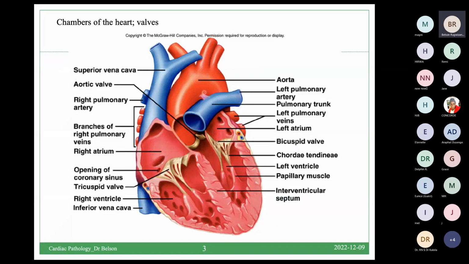So sometimes these coronary arteries get thrombosis or embolism. I hope you remember what you have seen last time. So when there is such a problem in the coronary arteries, it can cause heart attack or myocardial infarction.